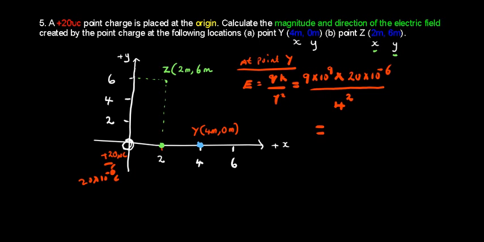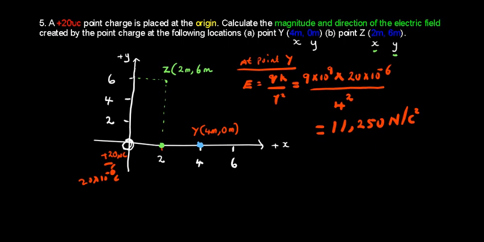When we resolve that, we are going to have 11,250 Newton per coulomb. That is the electric field at point Y.